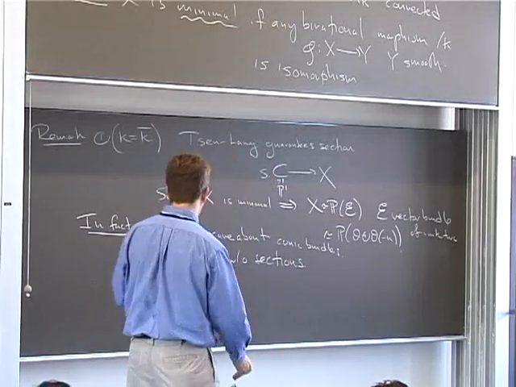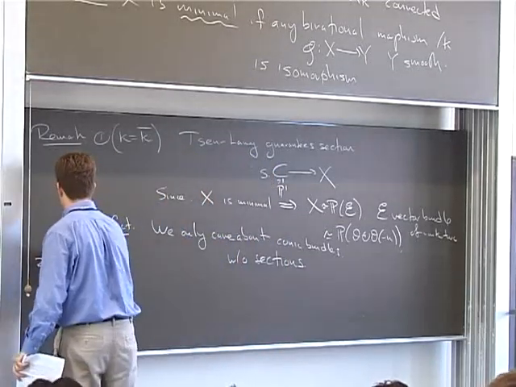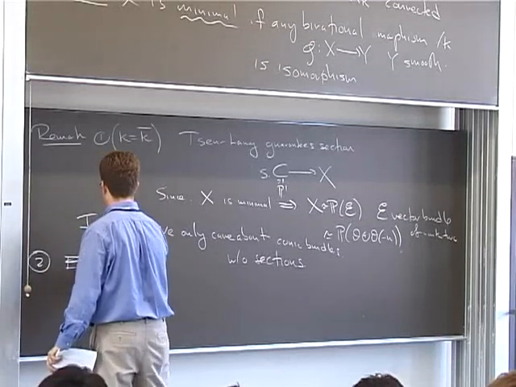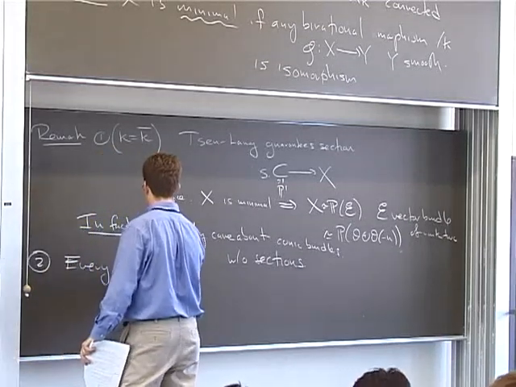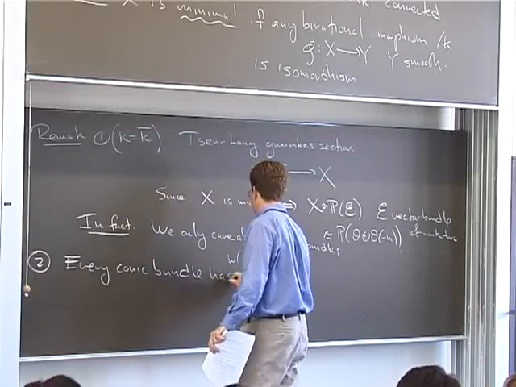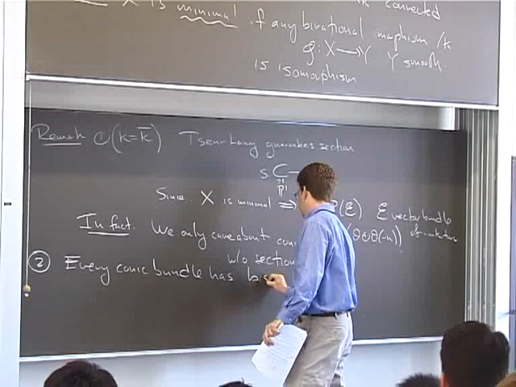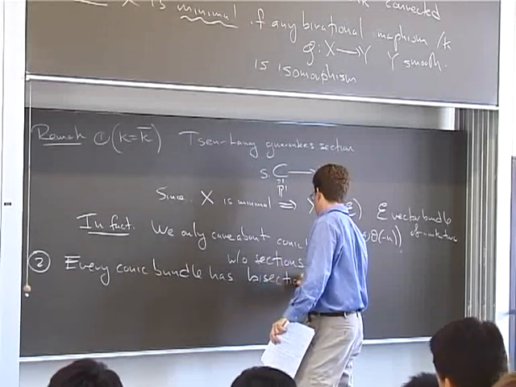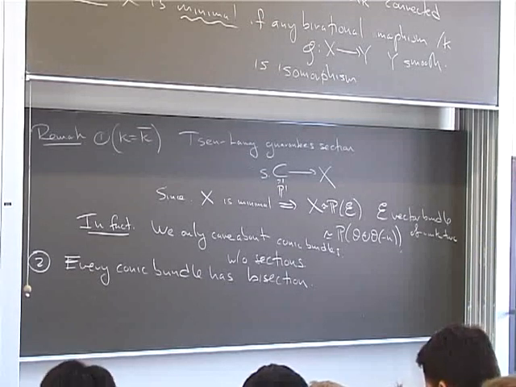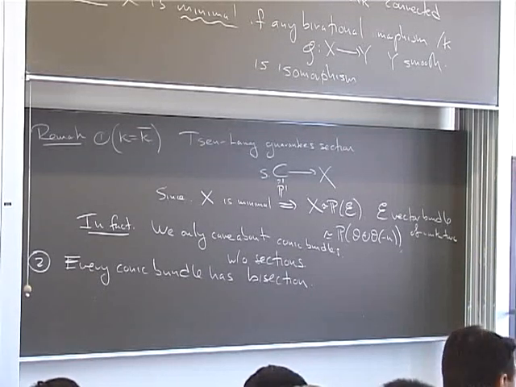The second thing I want to emphasize is that every conic bundle has a bisection. This is why they're called conic bundles and not rational curve bundles, in some sense.